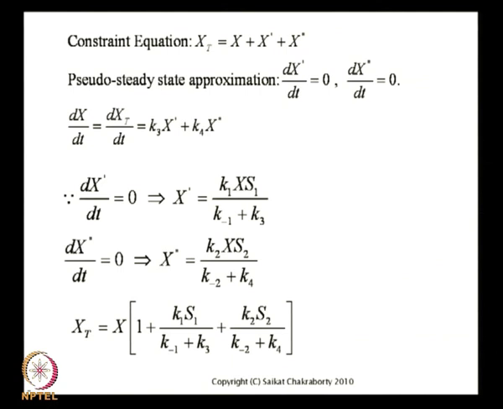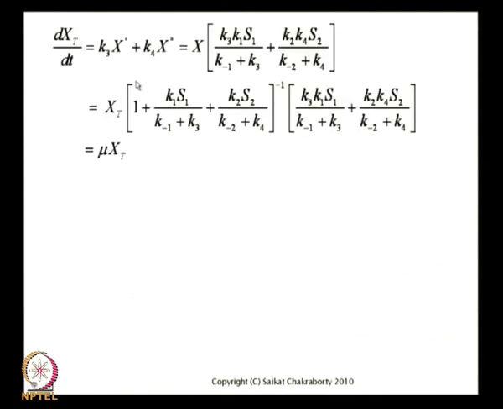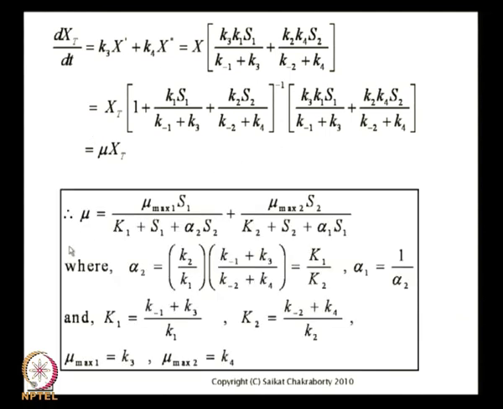So, once we do the steps that we did on paper, this is what you get, and mu is your new specific growth rate. Once you do the simplification, which we are not doing because of lack of time, and multiply both of these, you find that mu comes out in a very nice compact form.